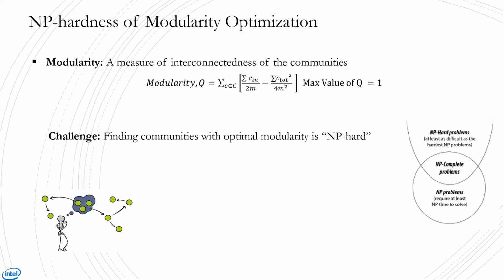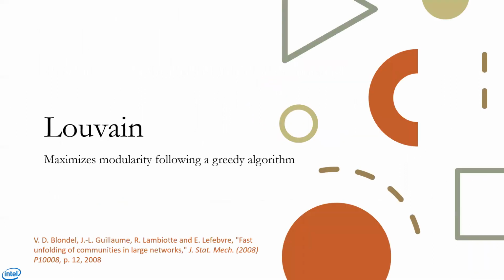Finding communities with optimal modularity is not that simple. In fact, it's an NP-hard problem, and therefore several heuristic algorithms are used to get good enough solutions. One such algorithm is the Louvain algorithm that maximizes modularity by following a greedy strategy.